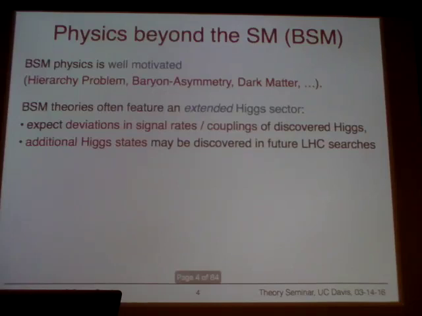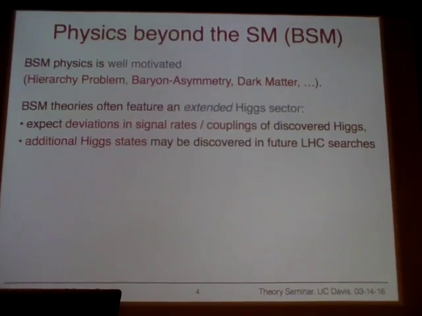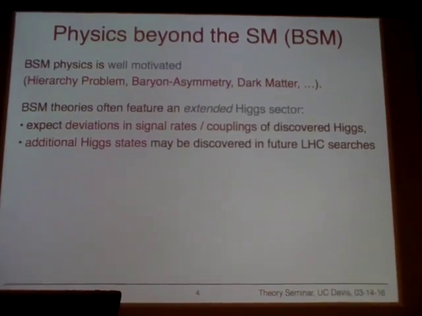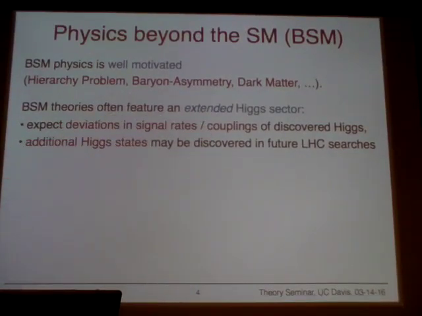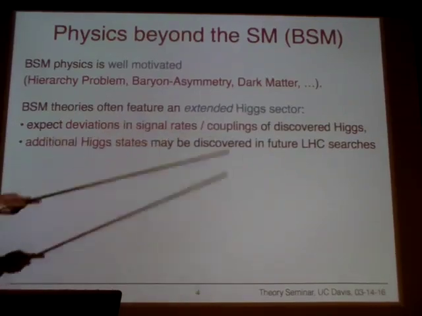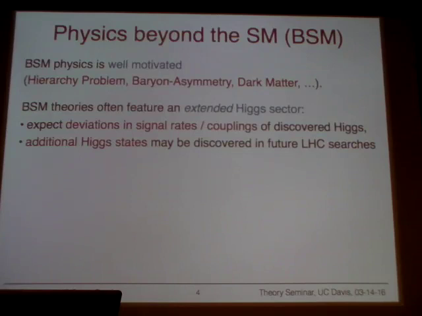Okay, so if you look at the landscape of beyond the standard model theories which are on the market, then you often see that they have an extended Higgs sector with multiple charged and neutral scalars. So in these models, you generically expect deviations in the signal rates or coupling properties of this discovered Higgs boson, and in addition, you would also hope to see some additional Higgs states at the LHC.